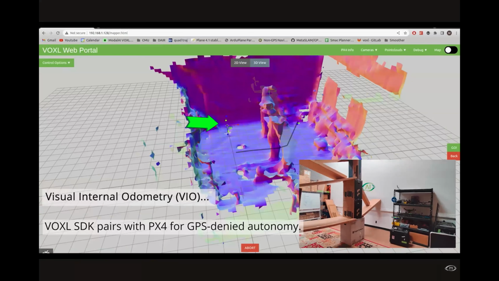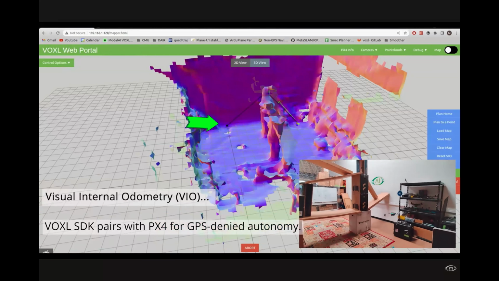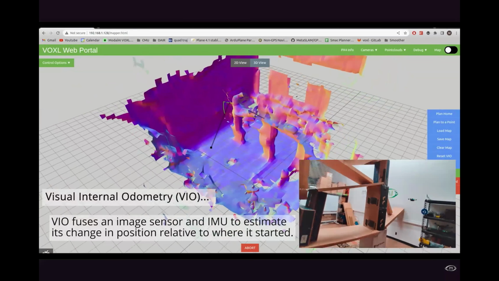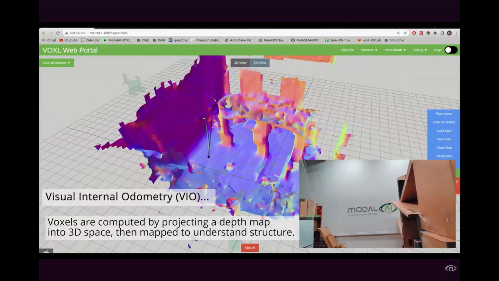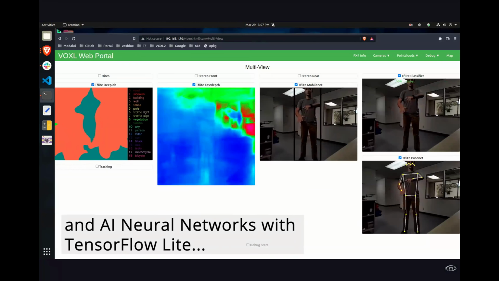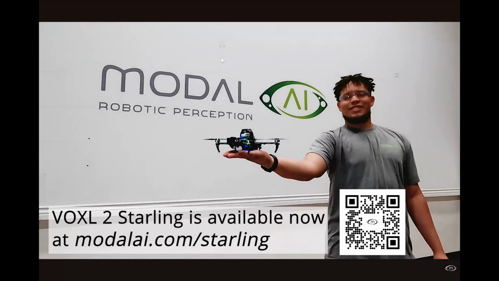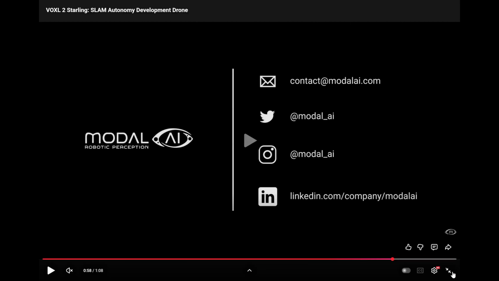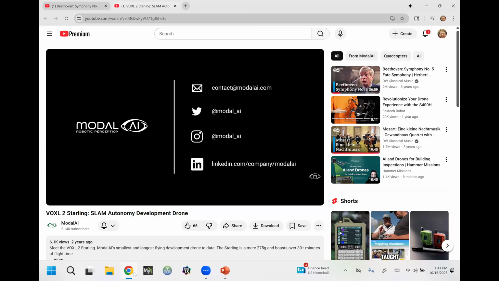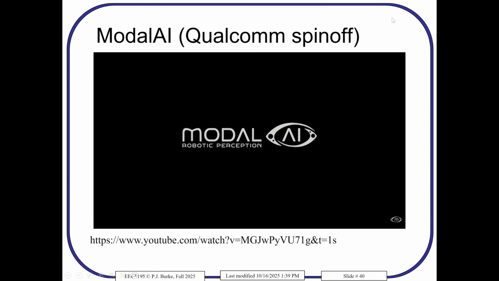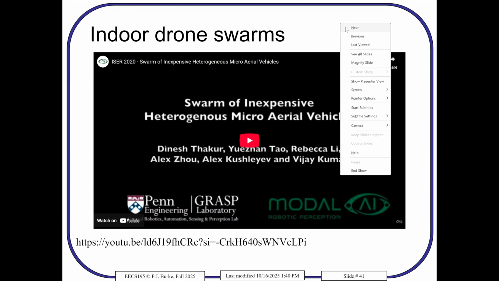It creates this three-dimensional virtual map of the world, and then it can fly through obstacles and through loops and stuff. Okay. So that's that.